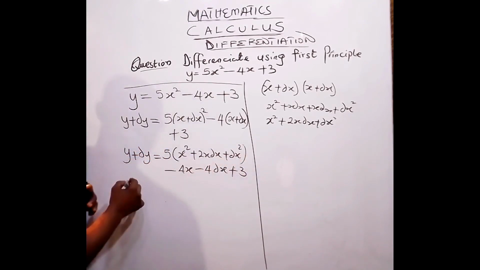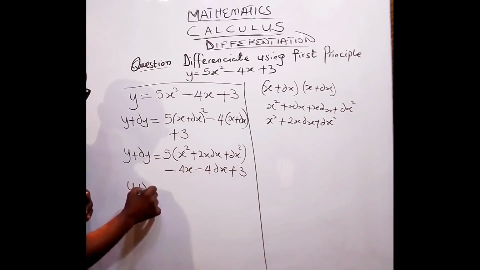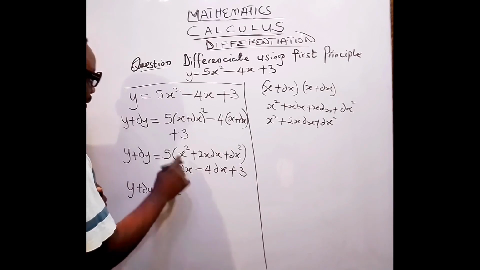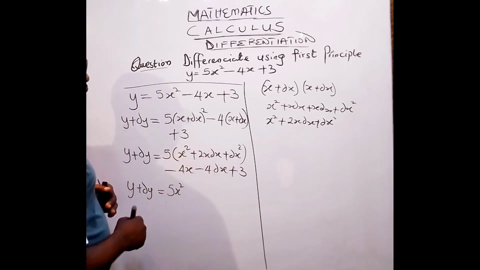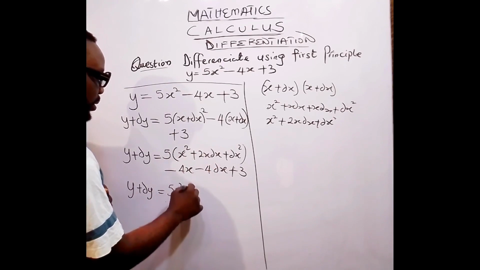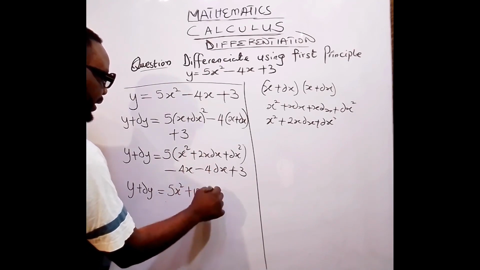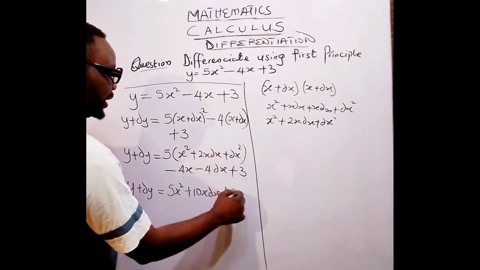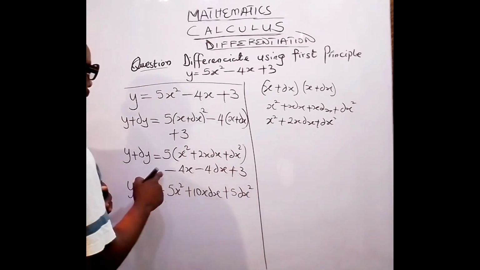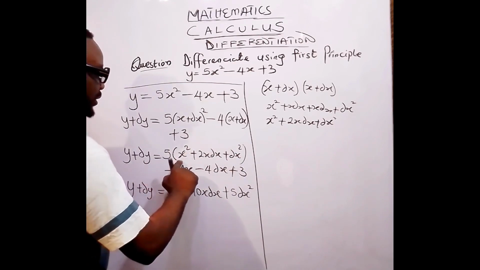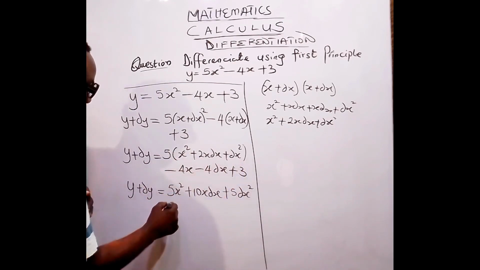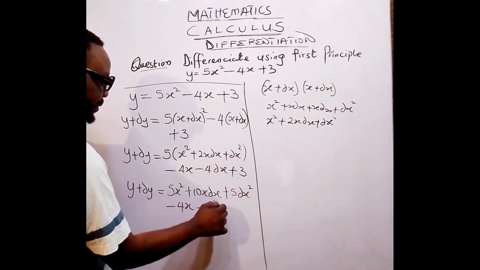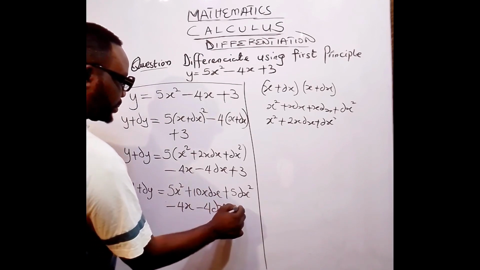So y plus delta y equals 5x squared, plus 10x delta x, plus 5 delta x squared. The remaining values: minus 4x minus 4 delta x plus 3.